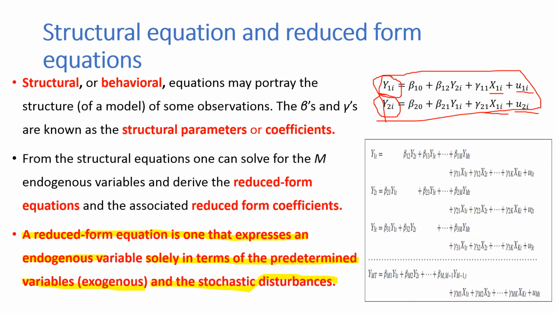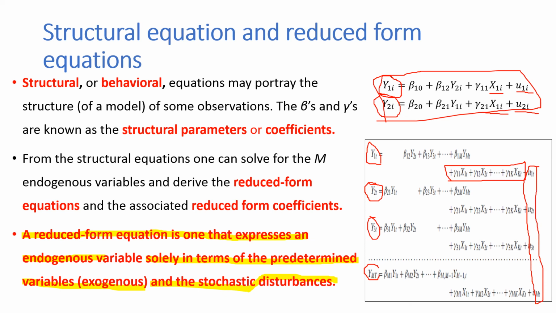Also, from this general example, the reduced form equation is the one that expresses the endogenous variables y1, y2, y3 till ym as functions solely in the exogenous variables, which are x1 till xk, and the disturbances from u1 till um.